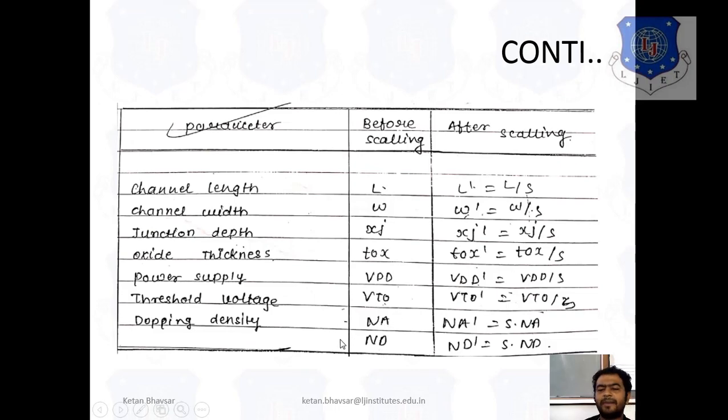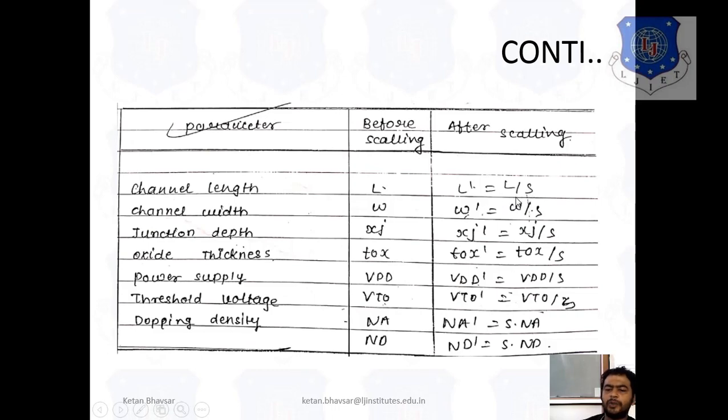Now if you apply a specific type of scaling, we scale down by the factor S. If you see different books, you can see different scaling factors, like K or lambda. You can use any scaling factor, but here I am taking the scaling factor S.